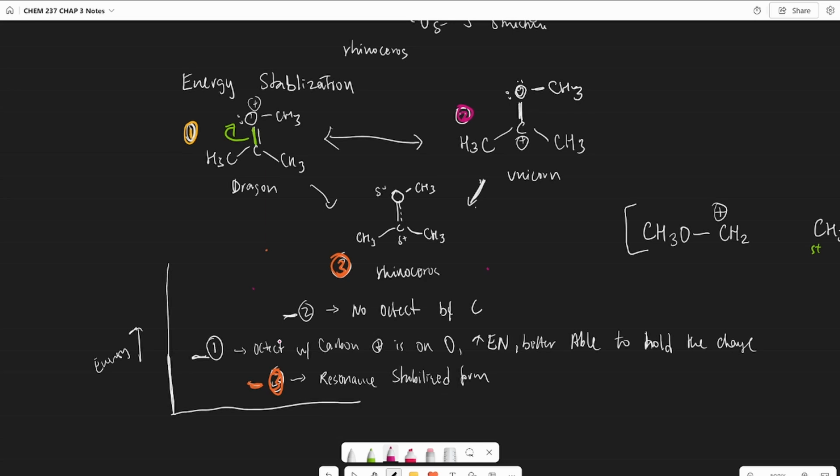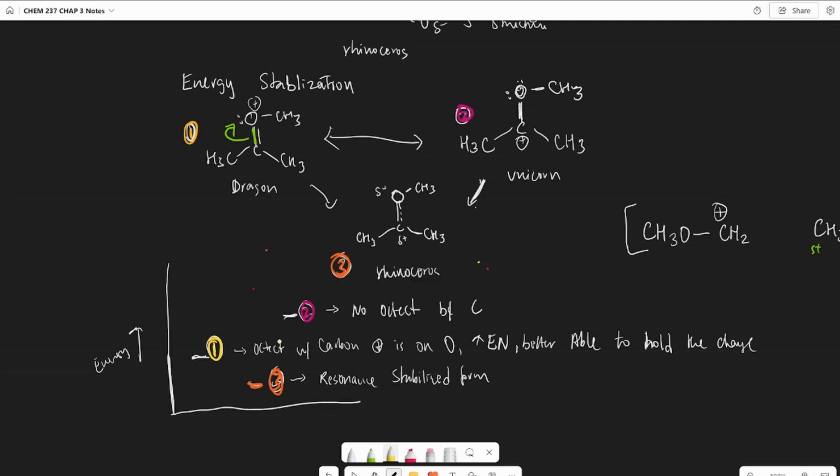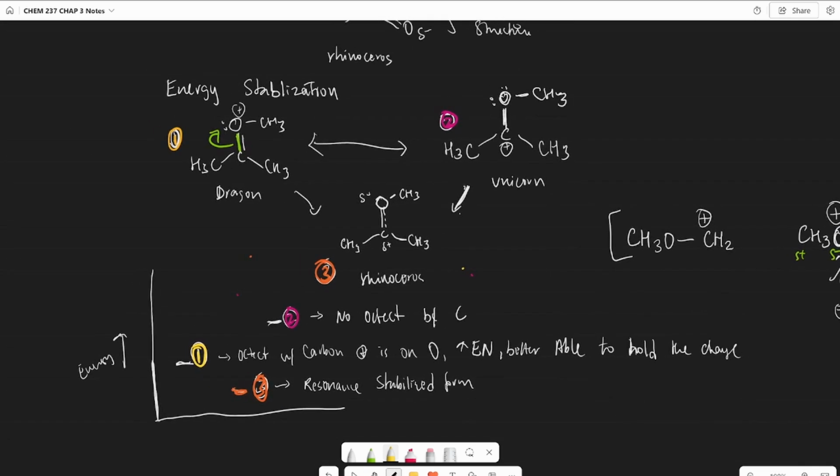In number 2, you have the positive charge on an element that cannot properly hold that positive charge, so it's highest in energy. And 1 is semi-stable because you have a positive charge on a mostly electronegative element. It has a partial negative charge already, and putting a positive charge helps stabilize the charge, so it's less in energy.